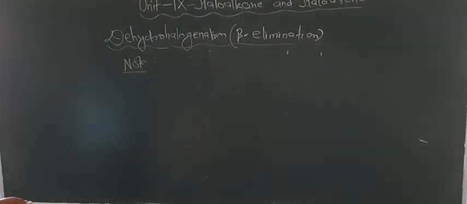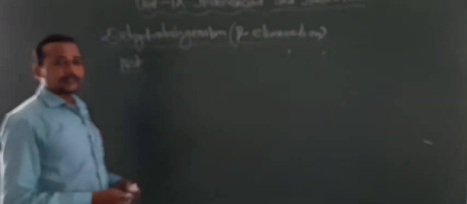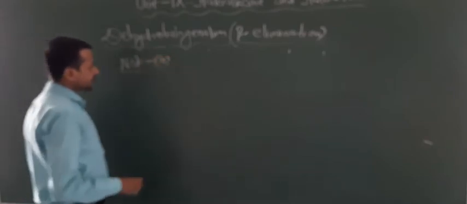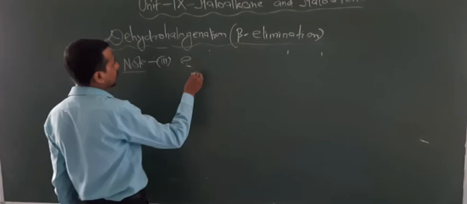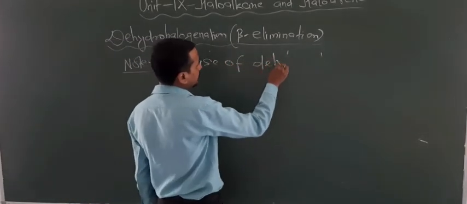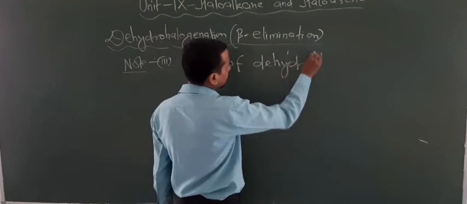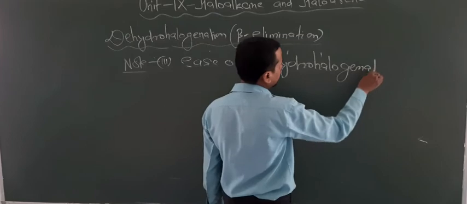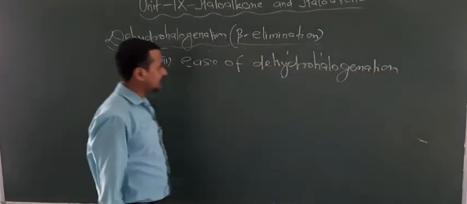in the case of halogen, and also in the case of alcohol where dehydration takes place, that is removal of water. Now third point, the ease of dehydrohalogenation, that means the order of dehydrohalogenation.